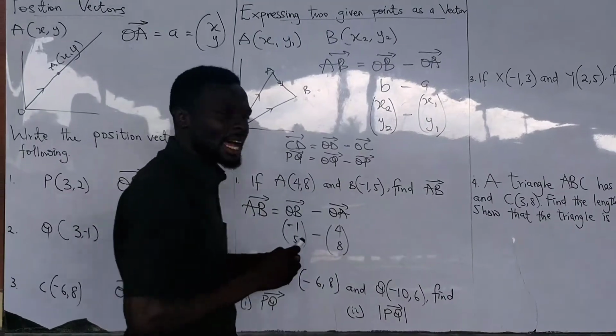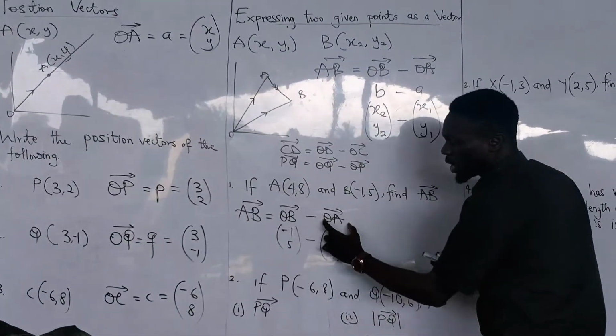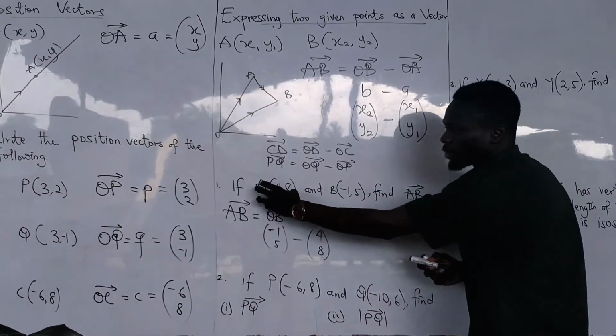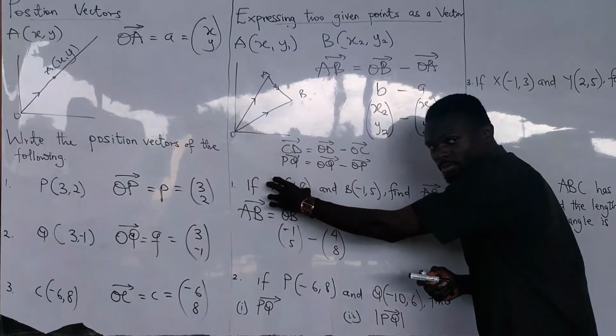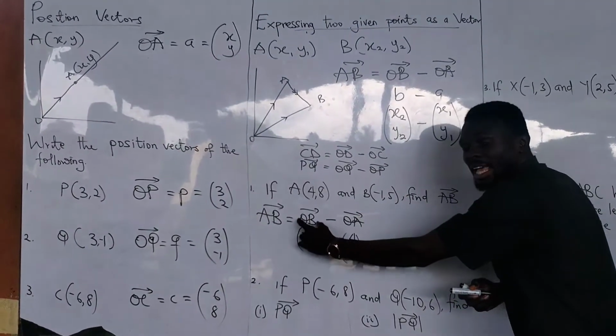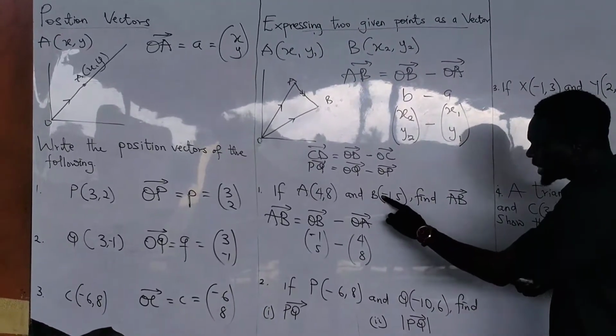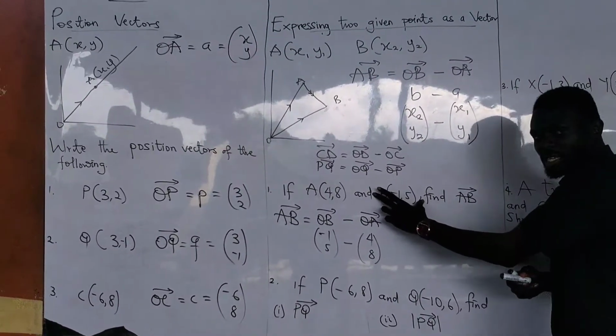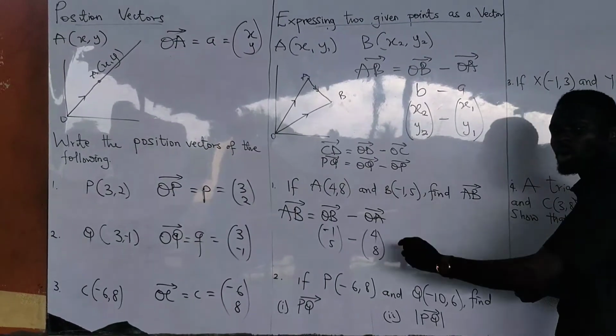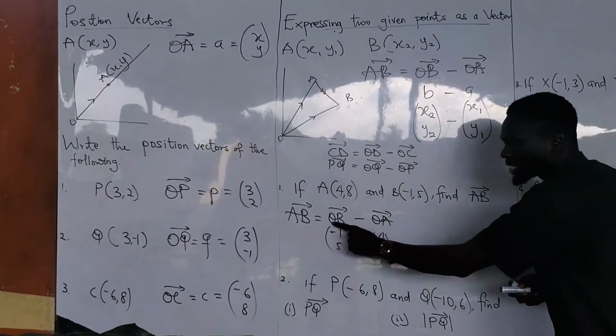So you will notice that OA is a position vector for the point A, and OB is a position vector for the point B.